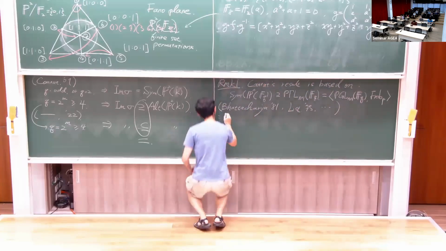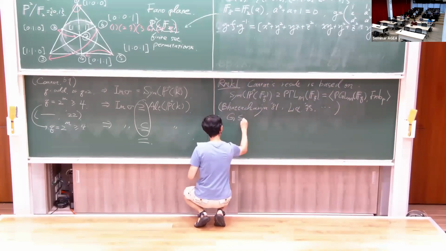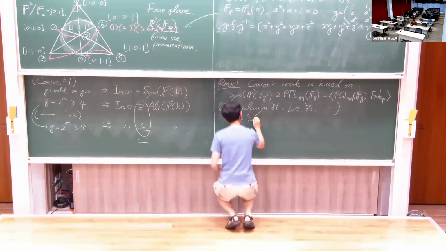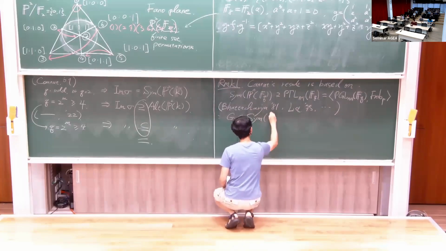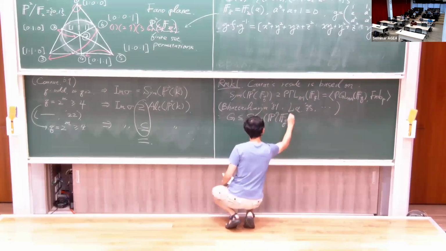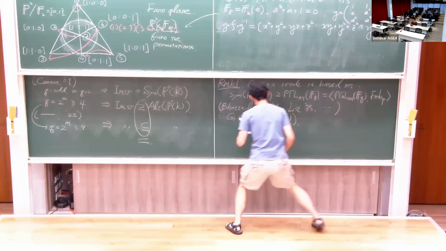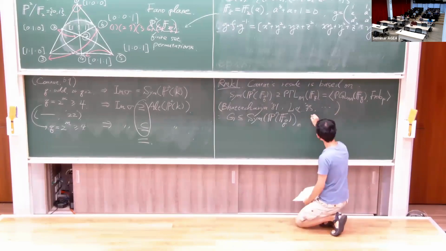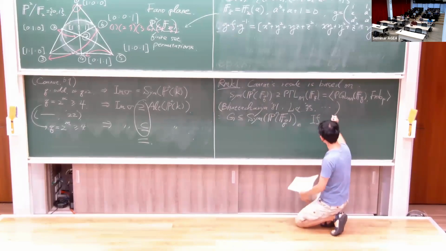They proved that if you have a subgroup of the symmetric group, and suppose that G contains PGL.